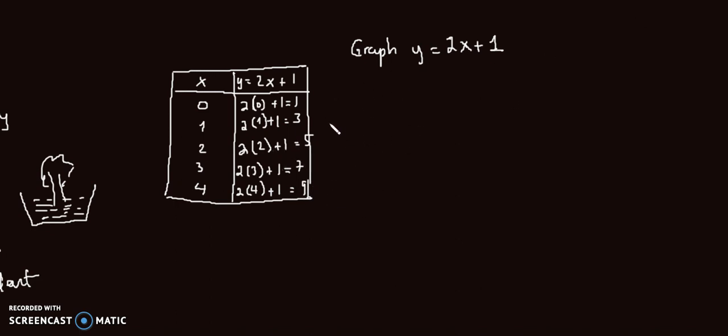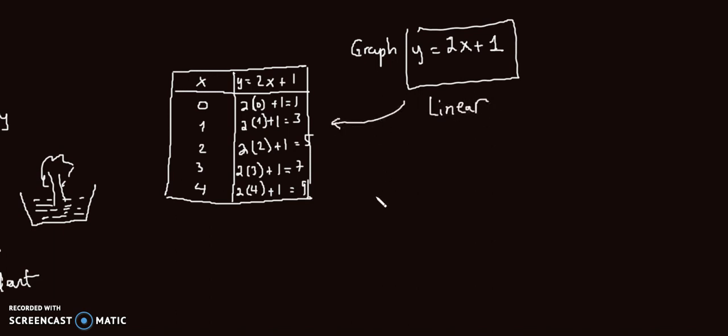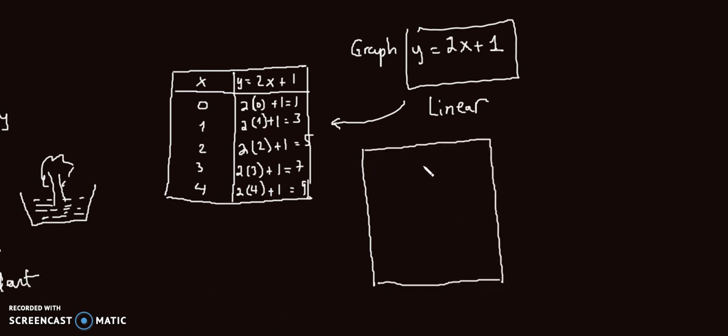Now, we know that this is a linear function already, and then we have this graph and this table of values. Now what happens if we are given just a table? I'm going to copy exactly the same here.